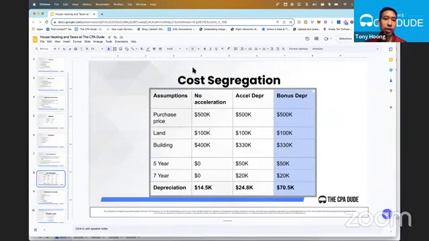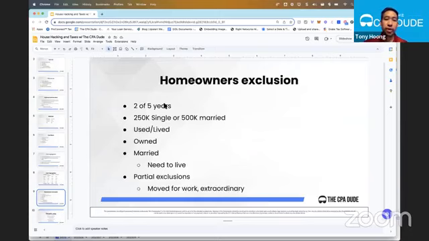And one thing to keep in mind too, if you're house hopping between all these houses, is when do you want to deploy your homeowners exclusion? Because you do have to live there 2 of 5 years. I'm not sure what your strategy is, but if you do ever want to sell 1 year, you do have the option to go back and live there for another year.